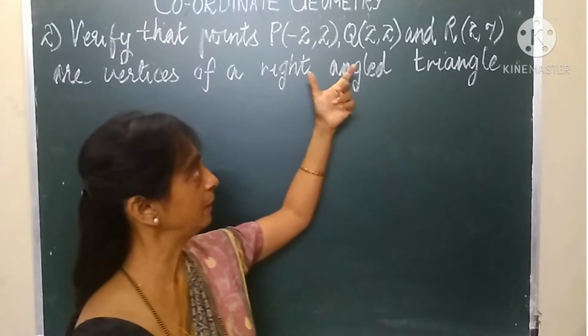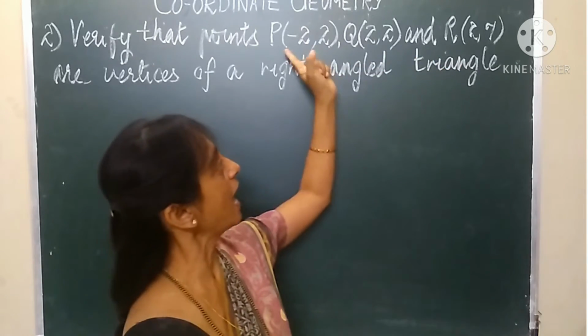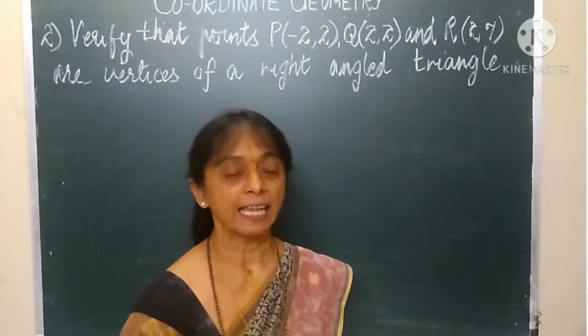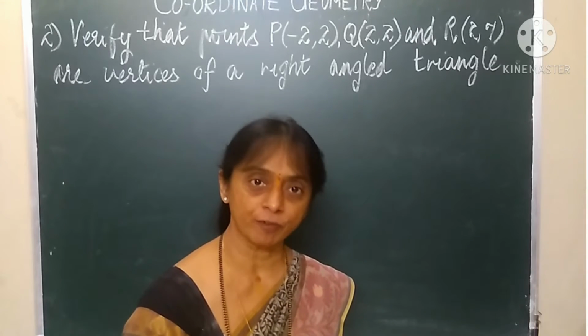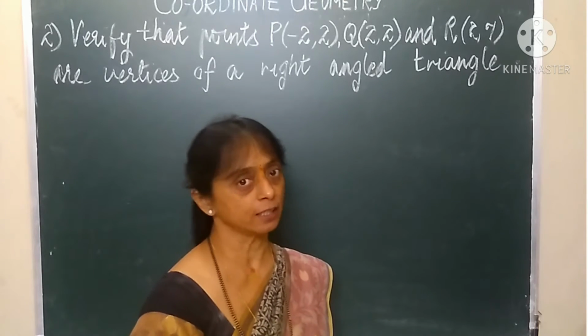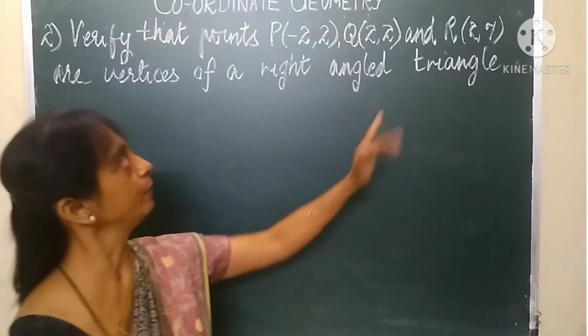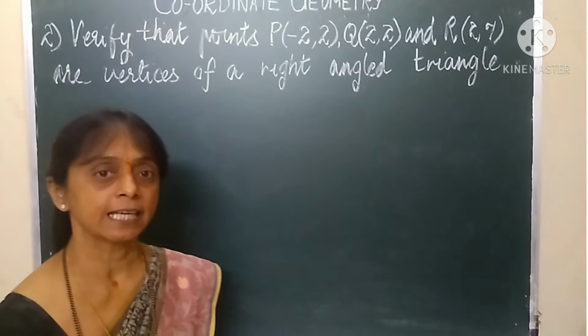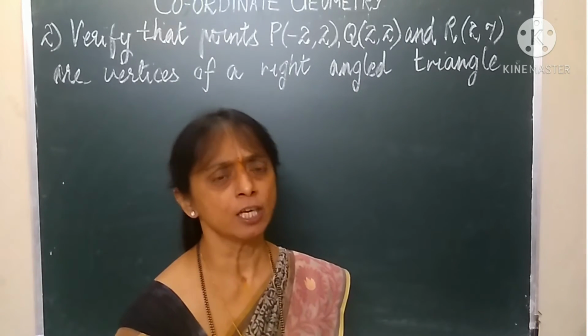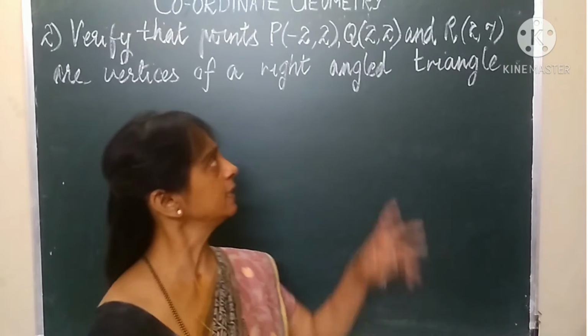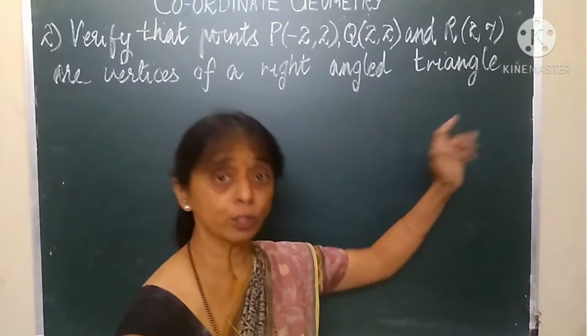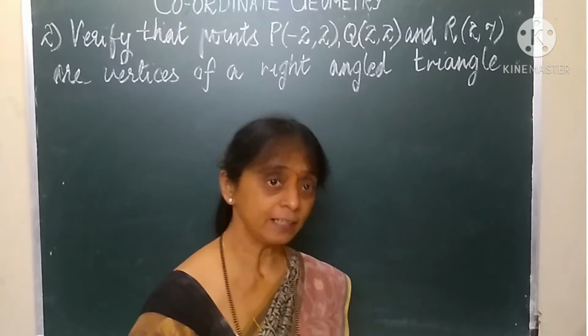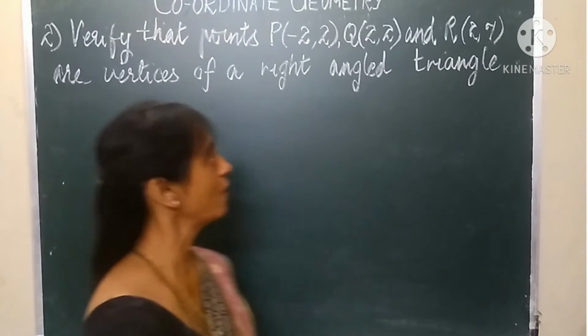That means length PQ, length QR and length PR. And then by applying the converse of the right angle triangle theorem, we will decide if these 3 points are forming the vertices of a right angle triangle. So how do we calculate the distance between PQ or QR or PR? Again, we have to use the distance formula.